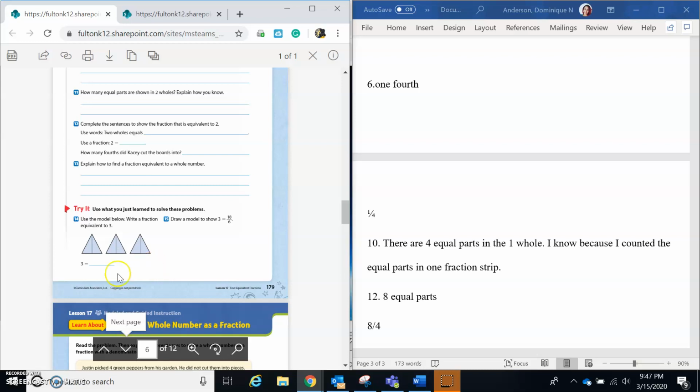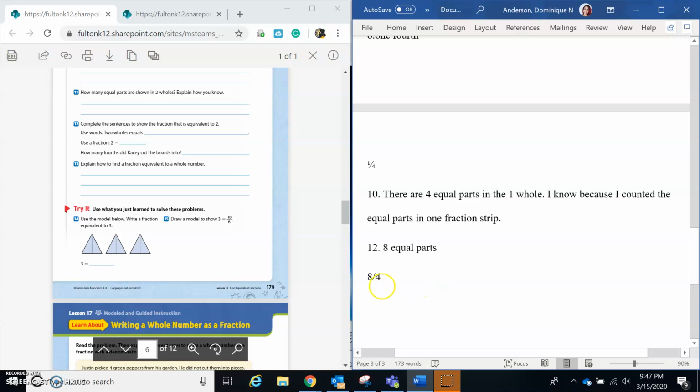So if I count it all the way through, 1/2, 2 halves, 3 halves, 4 halves, 5 halves, 6 halves. So for 14, 3 is equal to 6 halves.